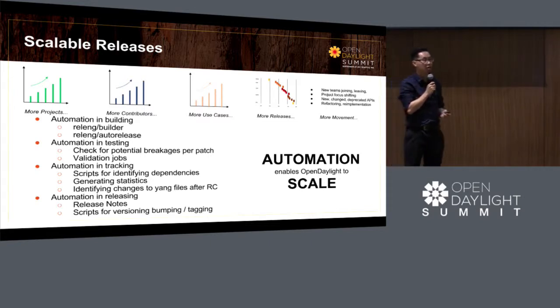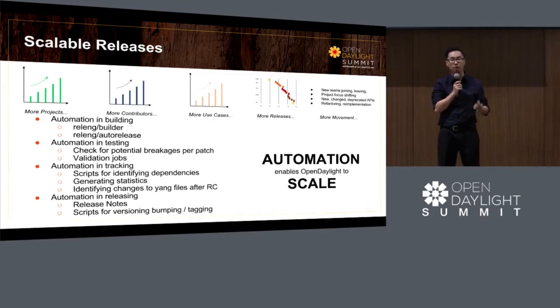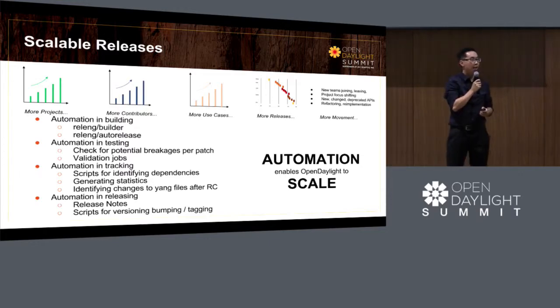And this automation includes automation in building, such as RelEng Builder and RelEng Auto Release, which my colleague Thanh will discuss in a couple of minutes. But also automation in testing, like our validation jobs, and reacting proactively to any test failures before they become serious issues.